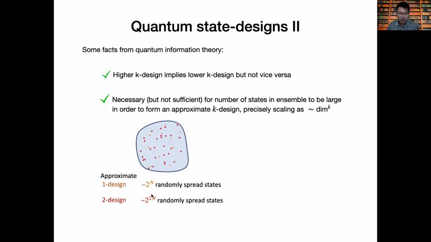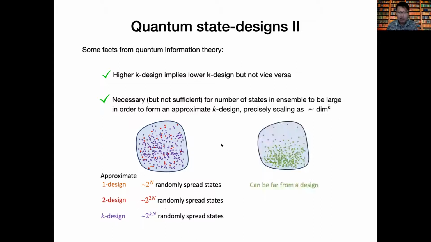A 2 design requires 2 to the power of 2n states, and so on. But we see that having many states is not a sufficient condition because they can all be concentrated along some region of the Hilbert space and can be far from the design.